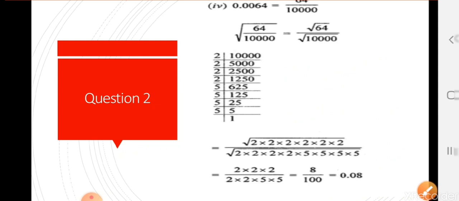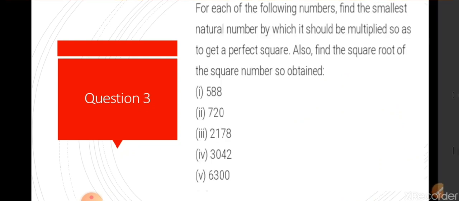So directly also you can do it, or you can do prime factorization of both numerator and denominator, and then you can write the answer again in decimal, because the question is given in decimal.